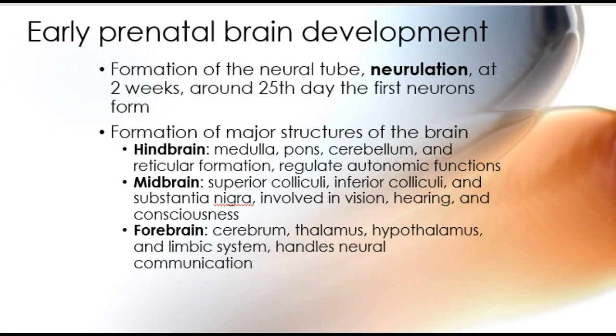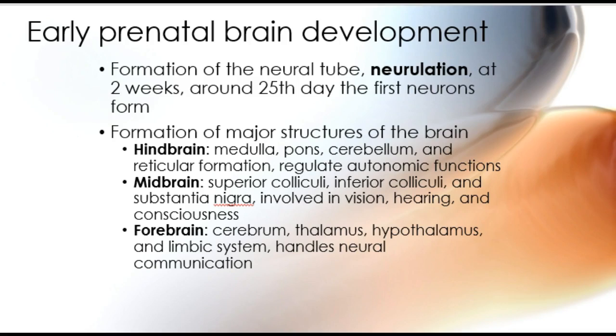Around the 25th day of gestation, the neural tube makes a curved shape, and at the top of this C-shaped embryo, there's 3 distinct bulges that appear, which eventually become the hindbrain, the midbrain, and the forebrain. Okay?